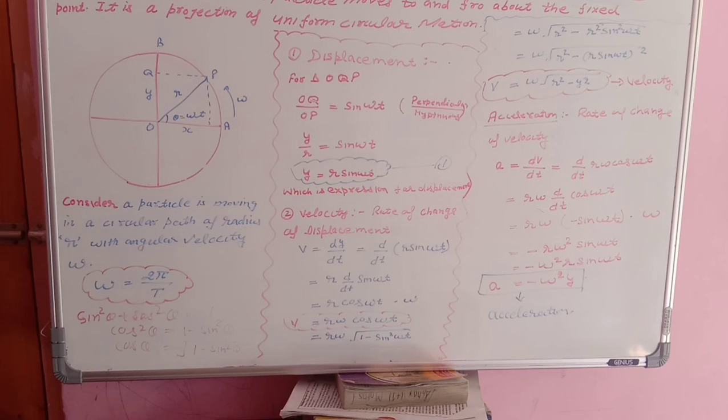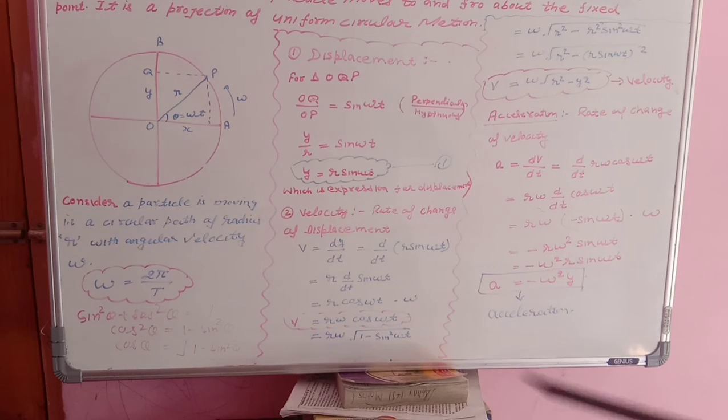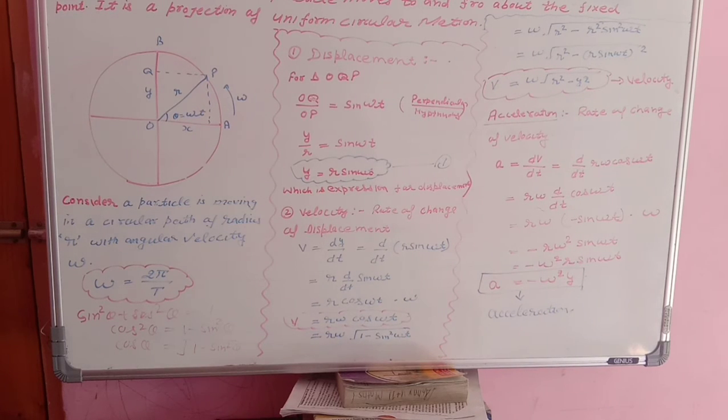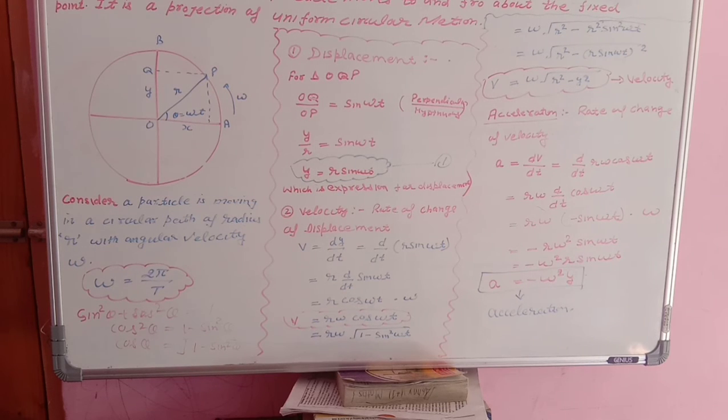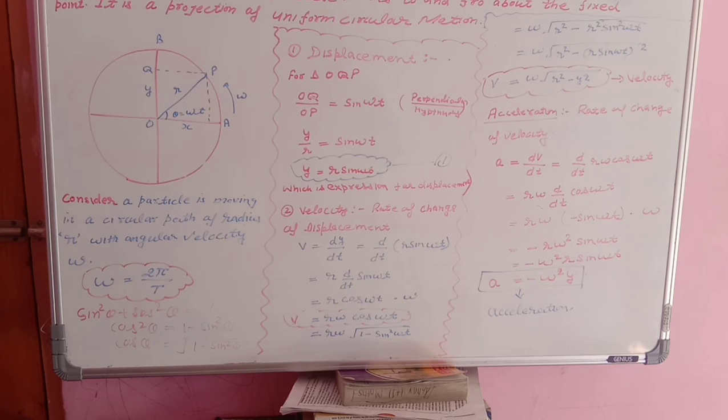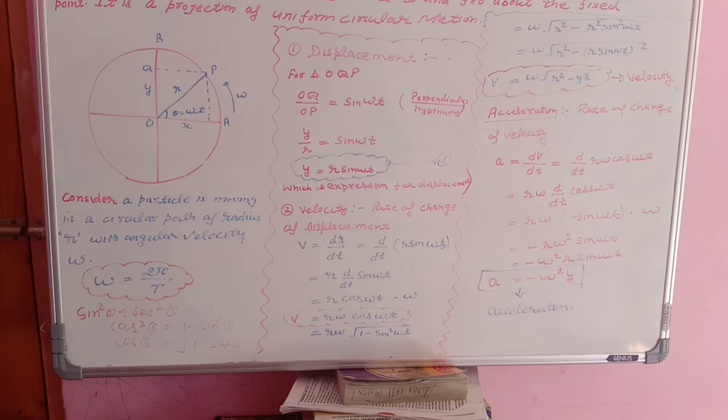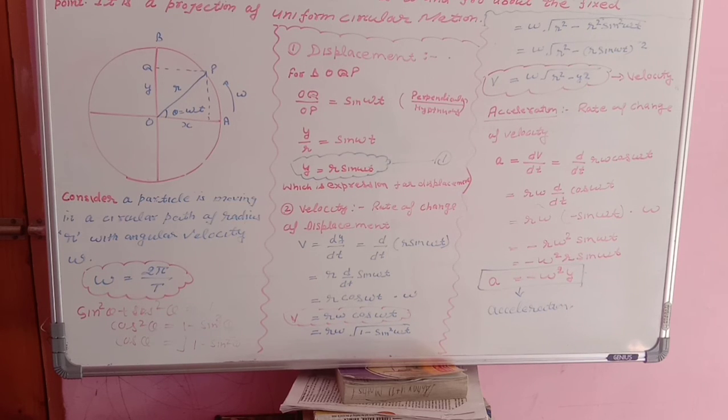So students, instead of theta, here it is simply omega t. Nothing else is there, you can do it very simply. Just write at home sin square theta plus cos square theta equal to 1, so cos square theta is equal to 1 minus sin square theta, and cos theta is equal to under root of 1 minus sin square theta.